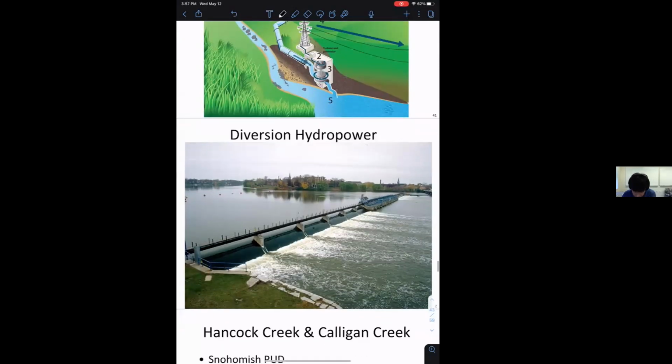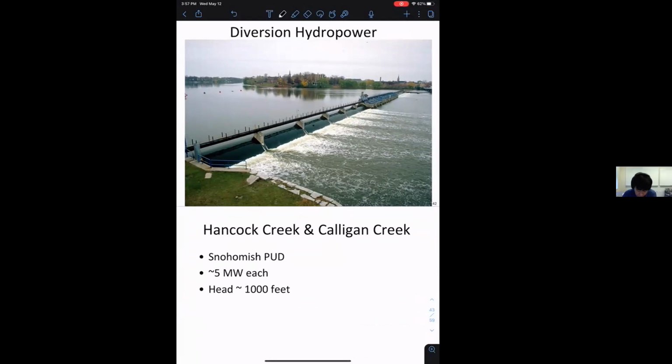Snohomish PUD is building this. So, something close to home: Snohomish PUD is trying to build 5 megawatt generators because they have some water with relatively high head, not a very large flow rate. It doesn't make sense to build a reservoir, but because it has fairly high head, they try to build some run-of-river power plants.